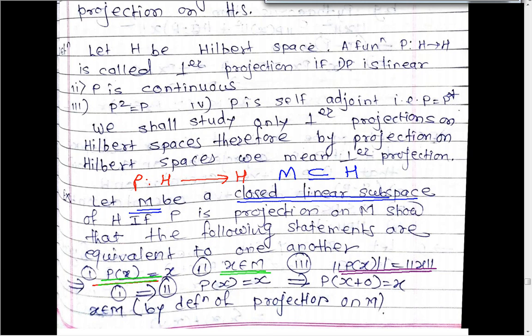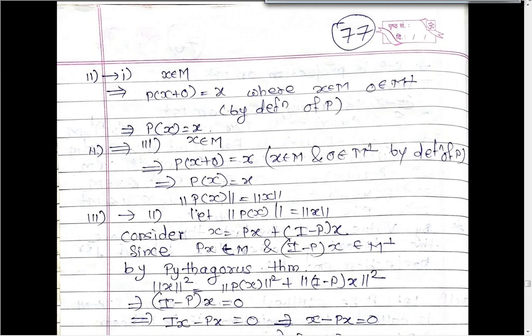So first we will prove that 1 implies 2. Hypothesis is Px is equal to x. This implies that Px plus 0 equals x, which belongs to M, by definition of projection on M. Then we will prove the implication 2 implies 1. If x belongs to M, we could write Px plus 0 equals x.